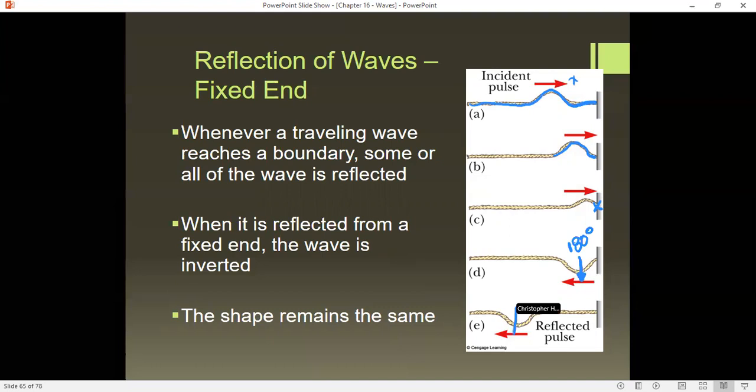The reflected pulse goes this way. This is going to be important for standing waves, because with standing waves, one wave comes in and the other wave bounces off the fixed end and interferes with the incoming wave. Because they're 180 degrees out of phase, this will lead to some very interesting patterns.